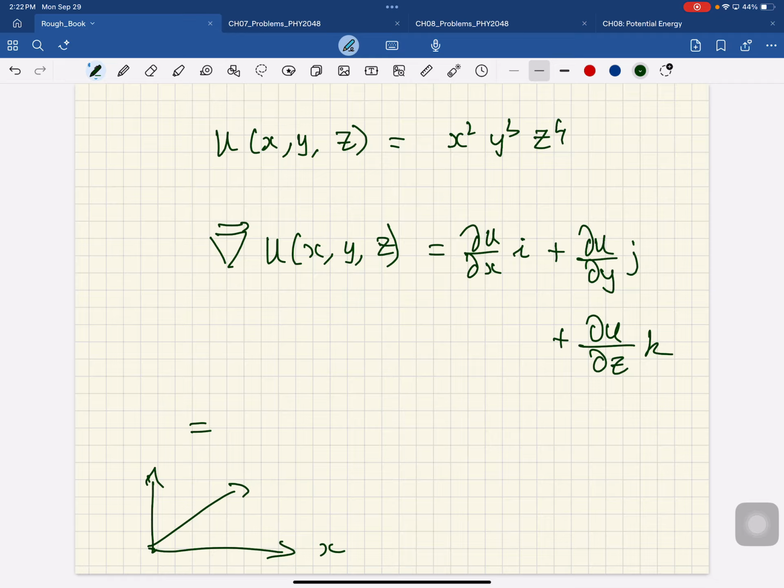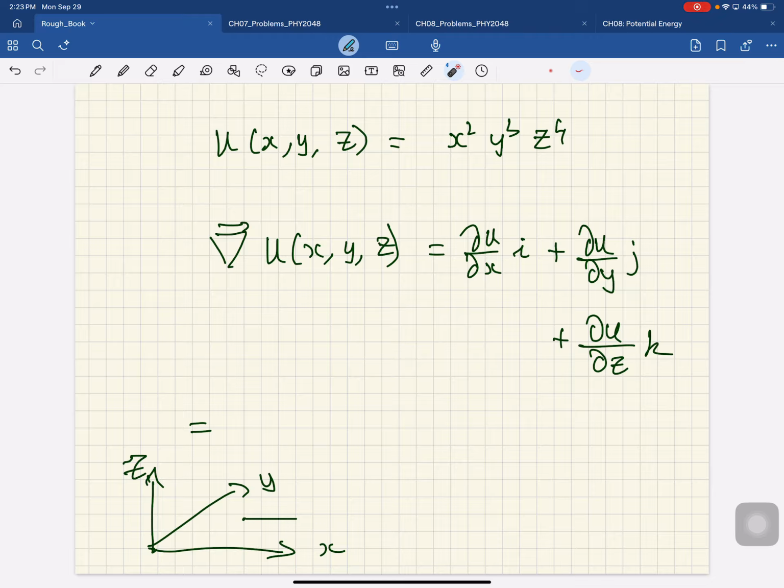Here is x, y, z. Partial derivative means how is u changing when you move parallel to the x-axis. Del u by del y means how is u changing when you're moving parallel to the y-axis. Del u by del z means how it changes when you're moving parallel to the z-axis.